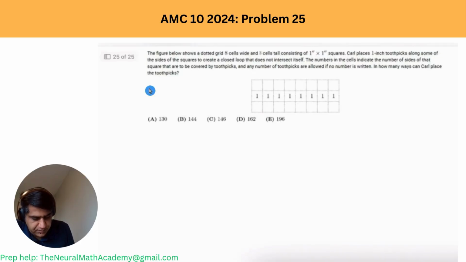So one of the restrictions is that for the squares that have 1 written, only one toothpick can be placed along its edges. So for example, we can have one here, but then we cannot place one at these locations. Similarly, if we are putting a toothpick here, then we cannot put another toothpick in these positions.